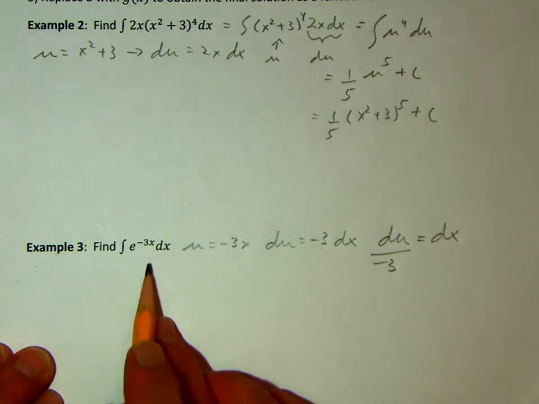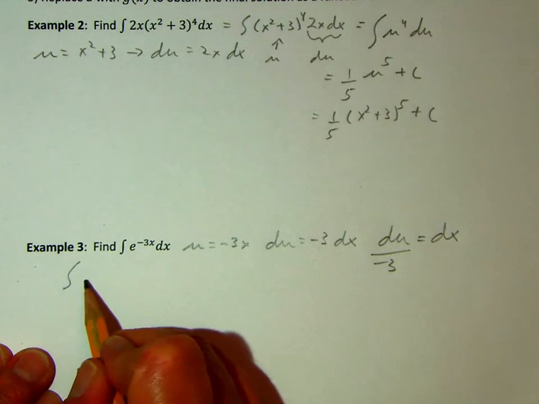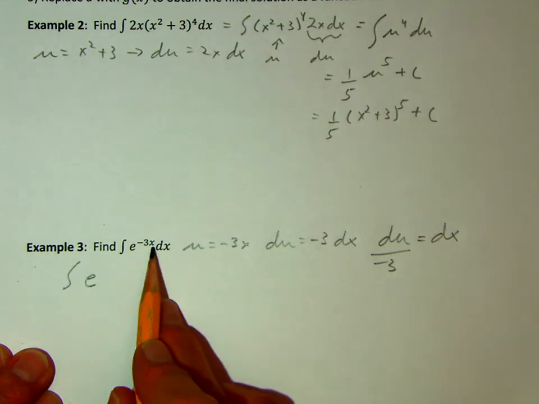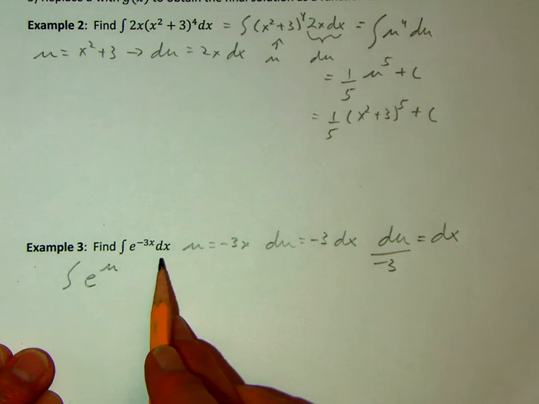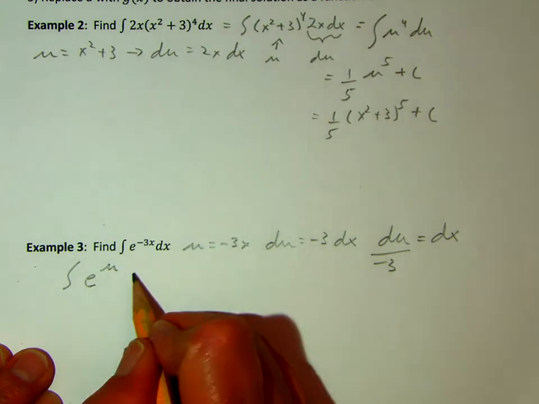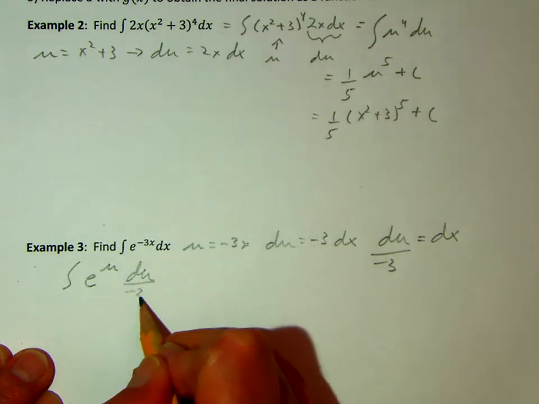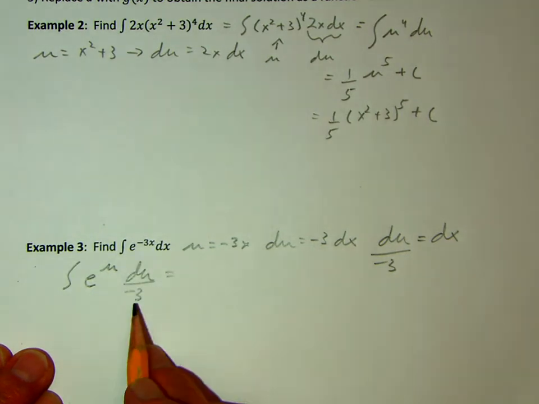Now I'll sub back in. So e to the negative 3x was u, e to the u, dx was du over negative 3. But this is a constant, and we can always pull a constant out.